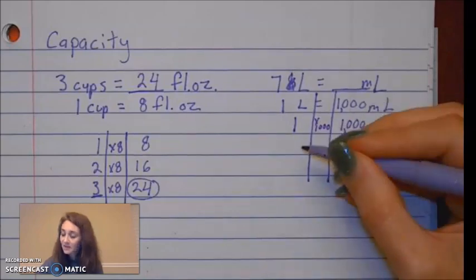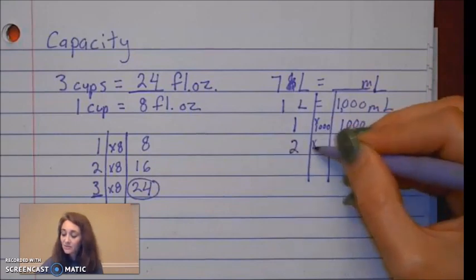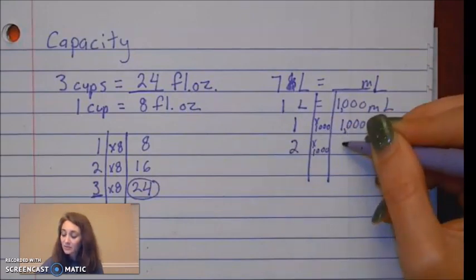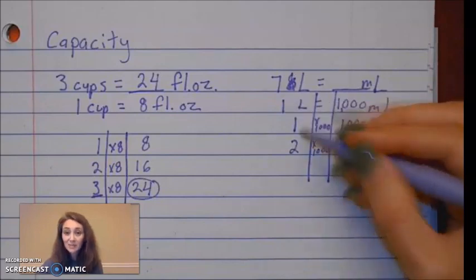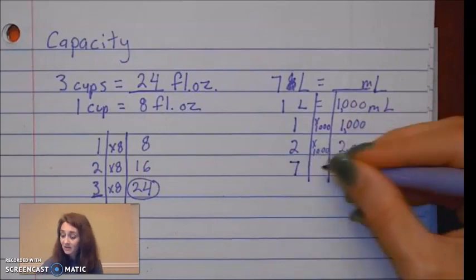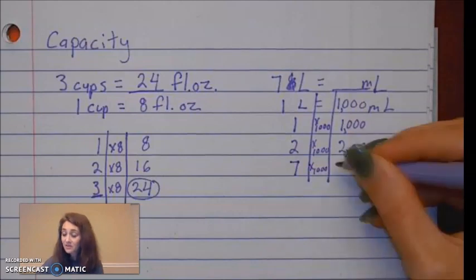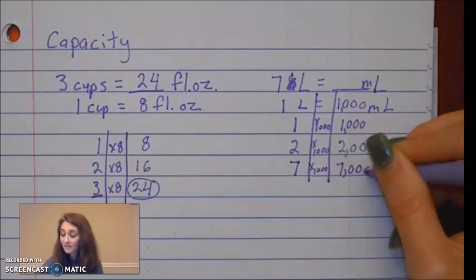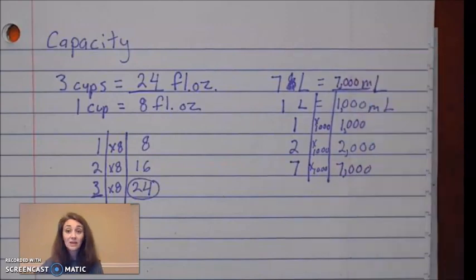All right. If I follow that pattern, I can keep going with the 2 times 1,000 equals 2,000, or I can just put in this number into my input side of my input table. 7, and follow my rule, times 1,000 equals 7,000. 7,000 milliliters in 7 liters. They're the same. They're equivalent.